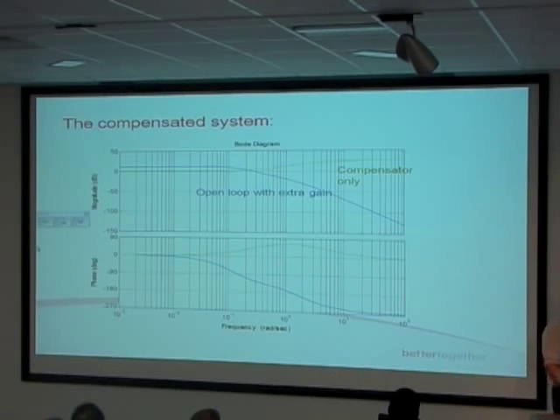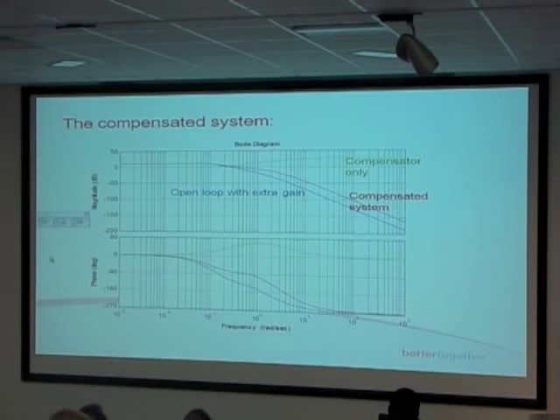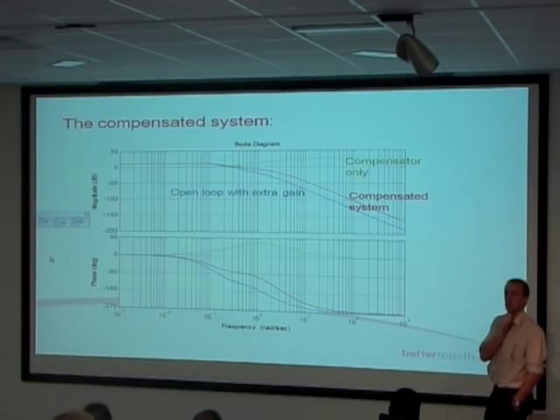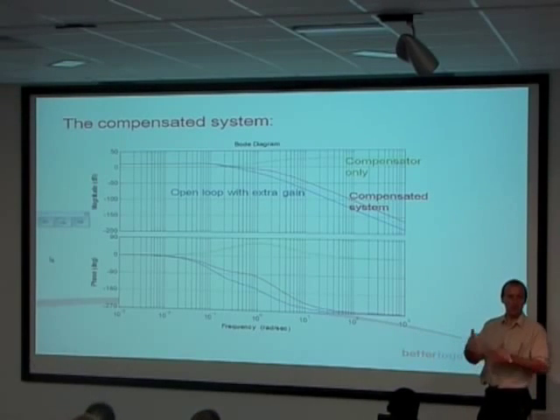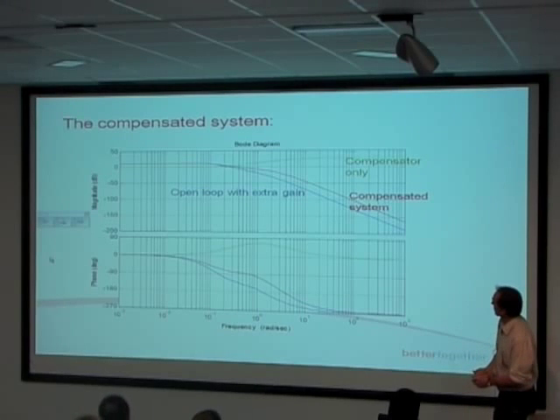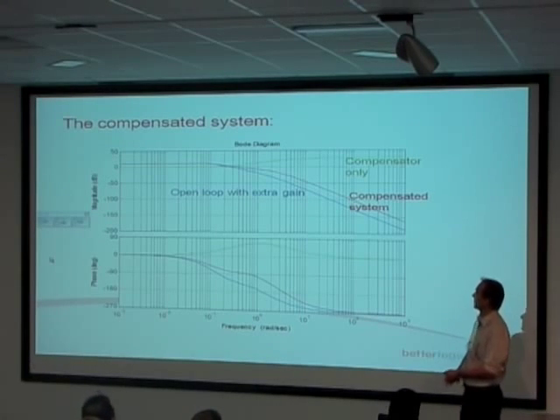So what happens when I combine the compensator with the system? Well, then we get the red one. And you know now how to deal with Bode plots, how we add pictures together, and the red line there represents the compensated system.